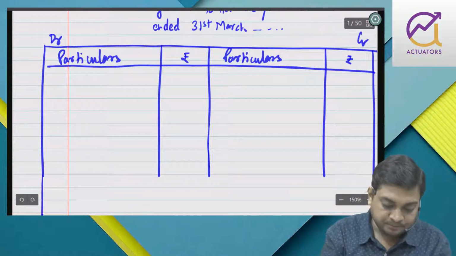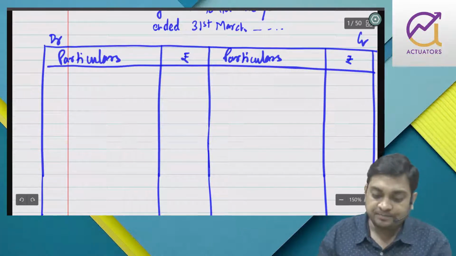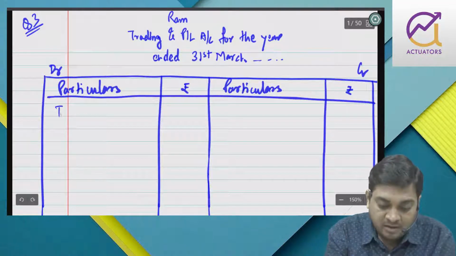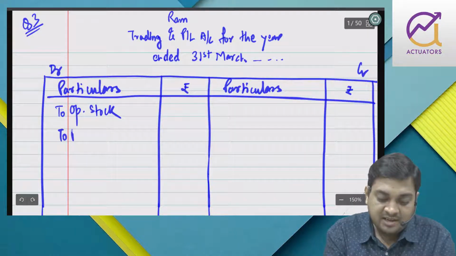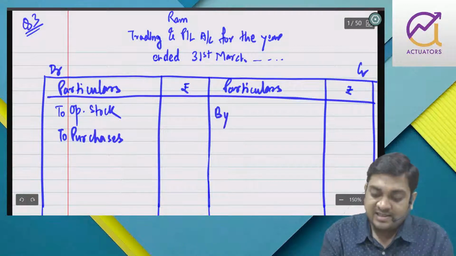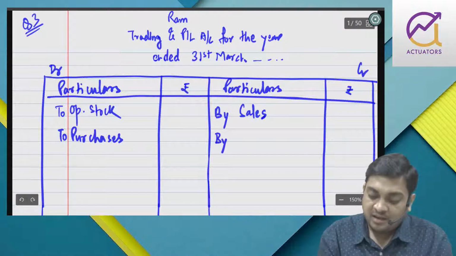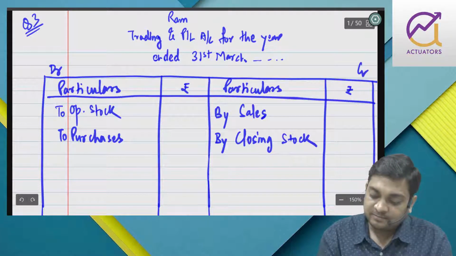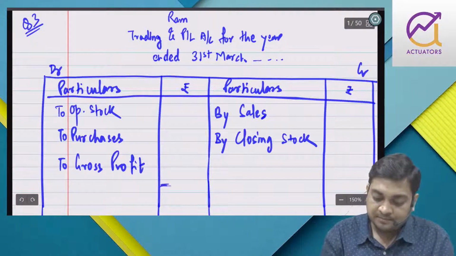Now in order to prepare the trading account, what information do we need? Basic information: we need opening stock, we need purchases, we need sales, we need closing stock, and then we can get gross profit.